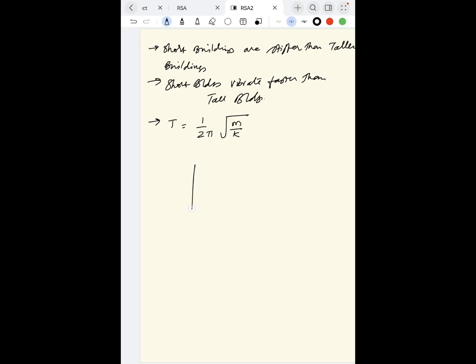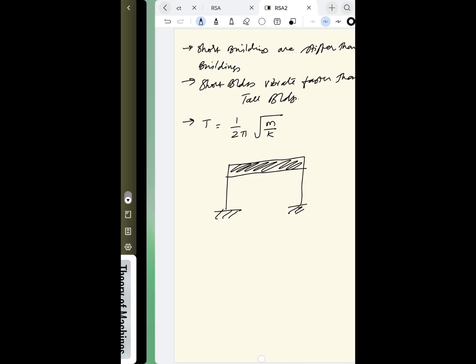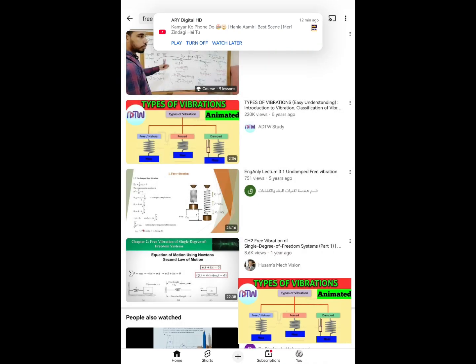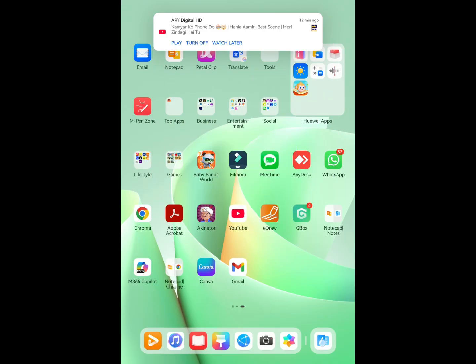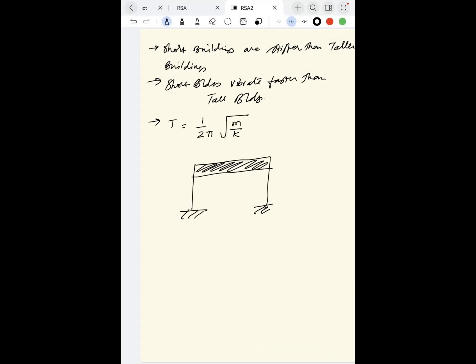Like a simple frame, I am considering a simple frame. When you add mass at the top and a certain force is exerted on the building, due to this force your building moves, and this displacement of the building is called the relative displacement.